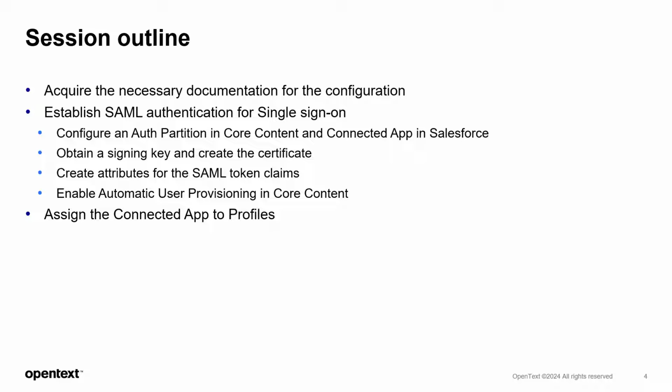We'll then obtain the sign-in key and create the certificate that is needed for the connection, create the attributes for the SAML token claims, enable the automatic user provision in core content, and last but not least, we'll assign the connected app to a profile in Salesforce in order to work.